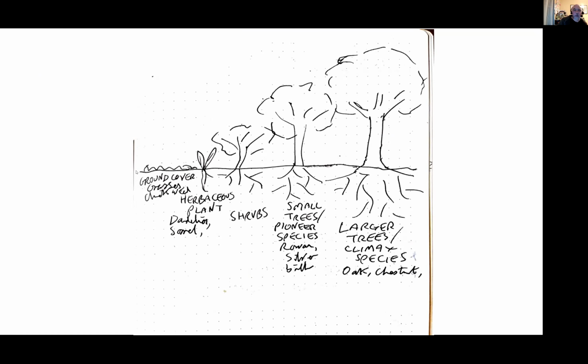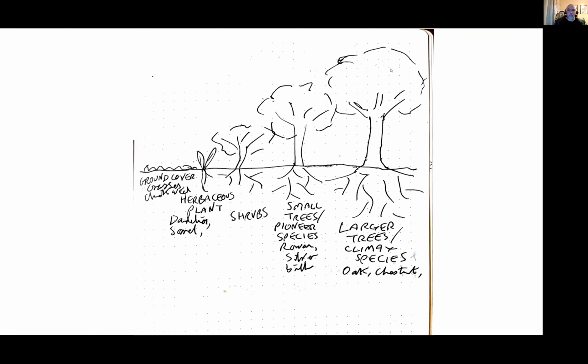So we're going from bare soil to ground cover to herbaceous plants to scrubby, woody shrubs to small pioneer trees that are building up the soil fertility and making the ecosystem more complex, finally giving way to our larger canopy trees, our climax species.